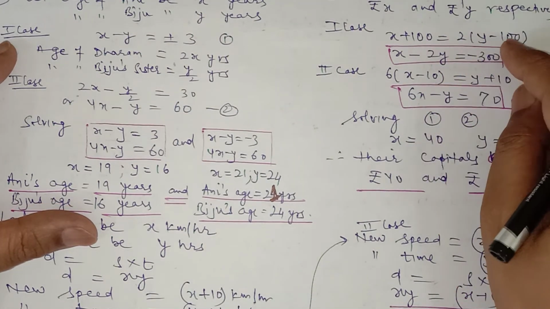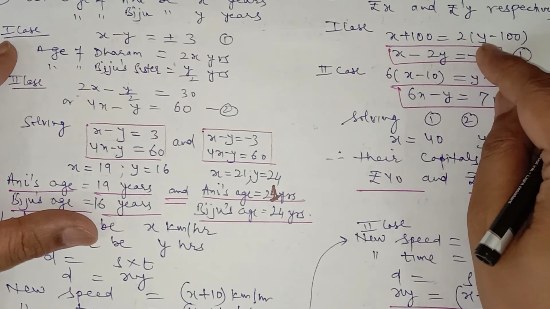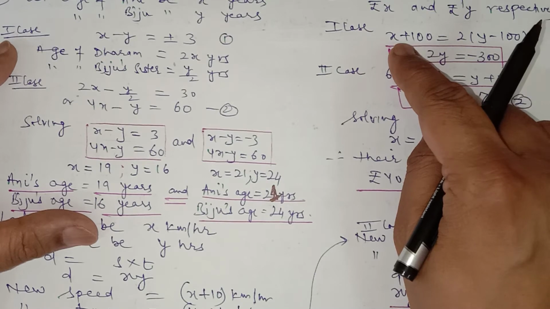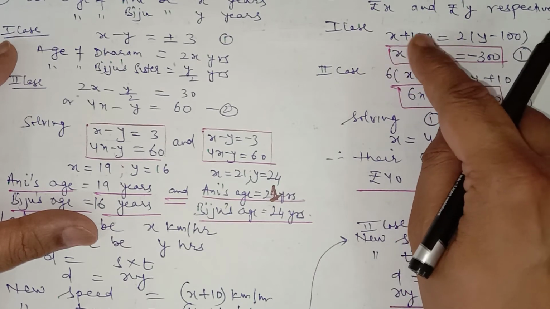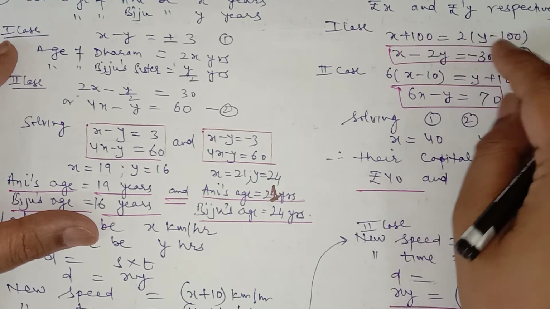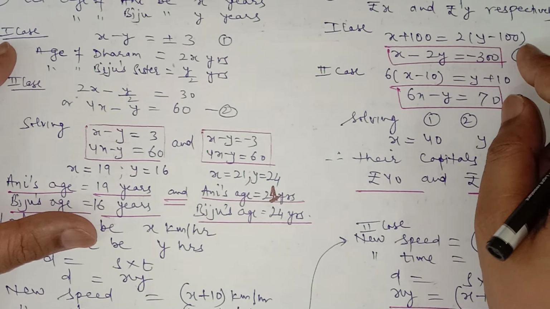So if the 100 rupees is given by B, then the money left with him will be y minus 100, and the money with the first person will become x plus 100, or increase by 100. This is the money after giving 100 rupees by B to A. So x plus 100 will be with A and y minus 100 with B.